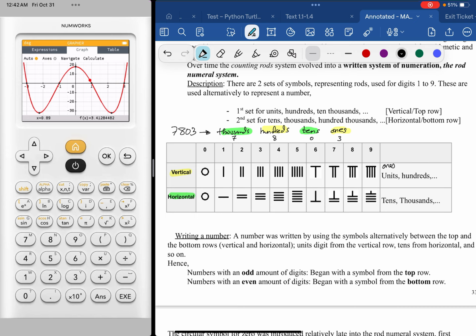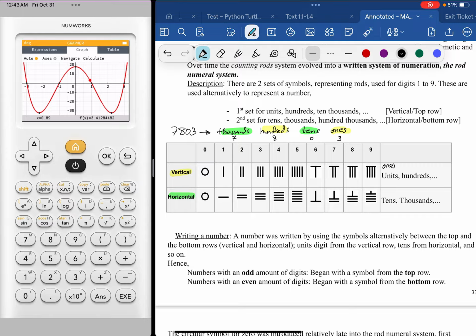So there's a set of numerical values, 0 through 9, but depending on whether it was occupying the ones, hundreds, 10,000s place versus the tens, thousands, 100,000s, and so on, they would be organized either vertically or horizontally.